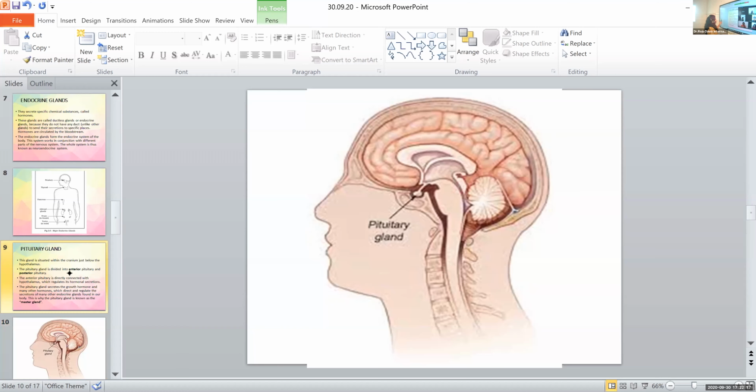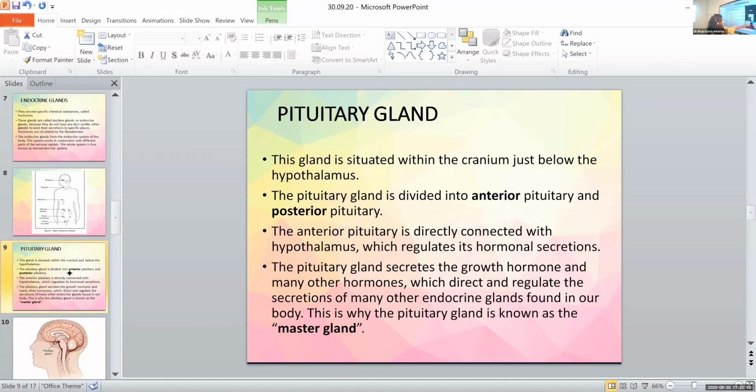Coming back to the pituitary gland, it's present below the hypothalamus inside the cranium, inside the skull. The pituitary gland is divided into anterior pituitary and posterior pituitary. The anterior pituitary is directly connected with the hypothalamus, which regulates its hormonal secretions.